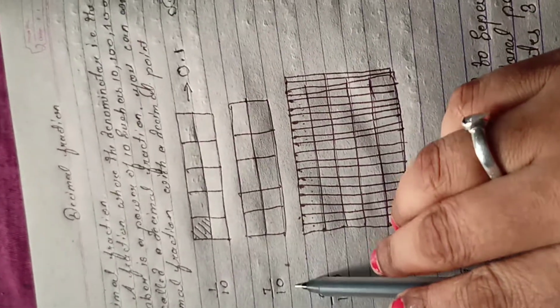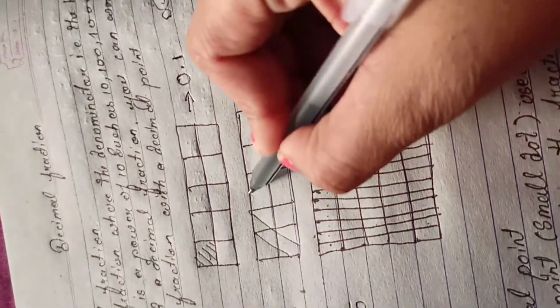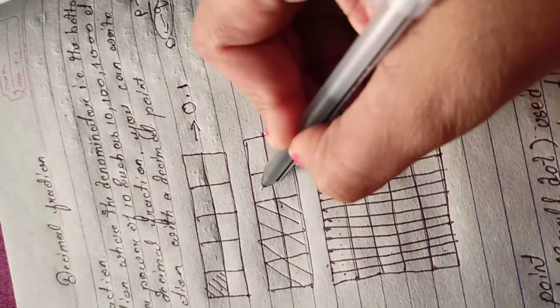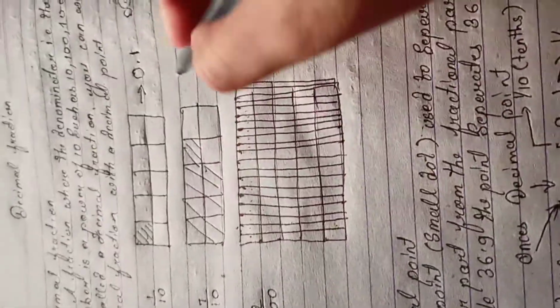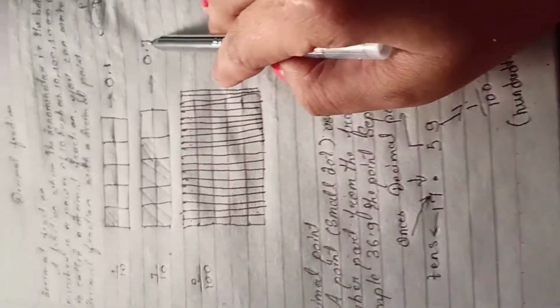Now, out of 10, if 7 are shaded, how many are shaded out of 10? So we'll write 0.7. This means 7 upon 10 will convert to 0.7. Understood?